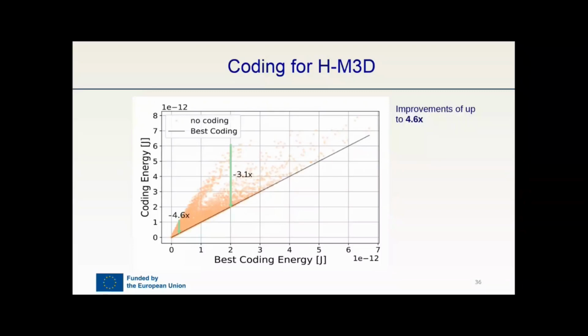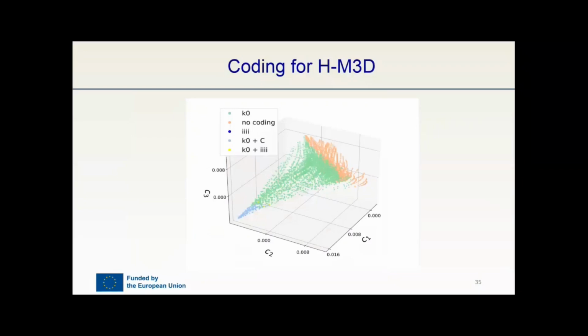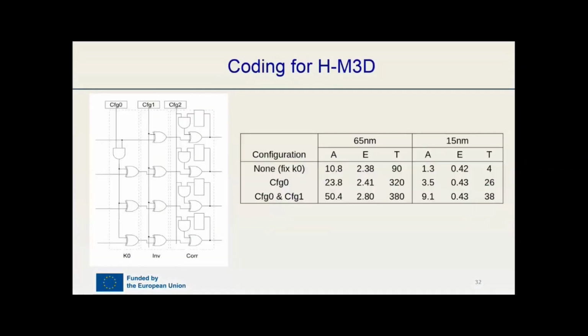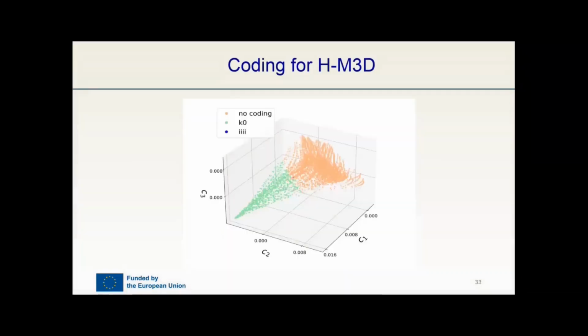We can take the particular 3D scenario that we have, so the combination of 3D technologies, and with that, we can select the low power coding template that is producing the best result. How much energy can we save if we select this optimal low power coder?